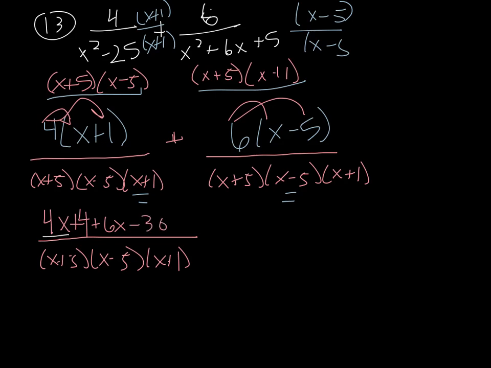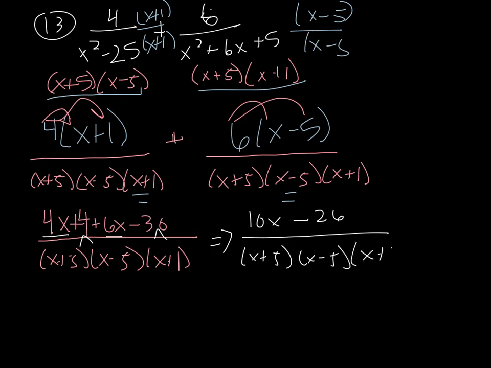And I can combine my like terms here. So this would be equal to 10x minus 26 over x plus 5, x minus 5, x plus 1. And technically I could factor out a 2. That would give me 5x minus 13.